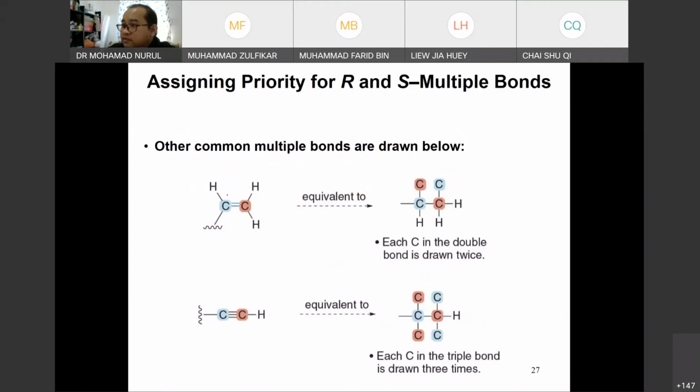This carbon, see the color, is bonded to another, similar carbon. So for each carbon, the double bond is drawn as twice. For the triple bond, the equivalent is shown here. It means if the molecules have a similar double bond and single bond, the double bond will have the higher priority compared to the single bond.